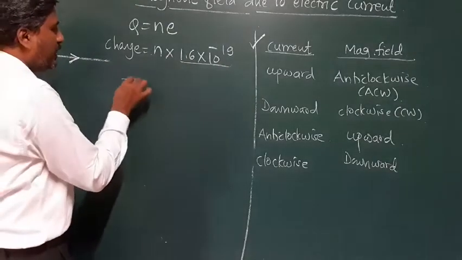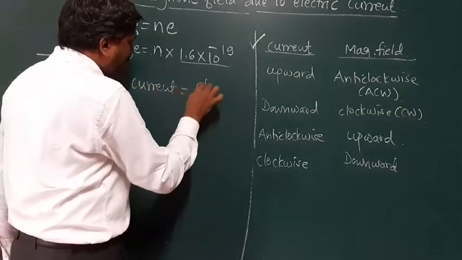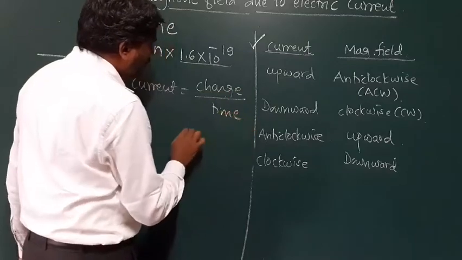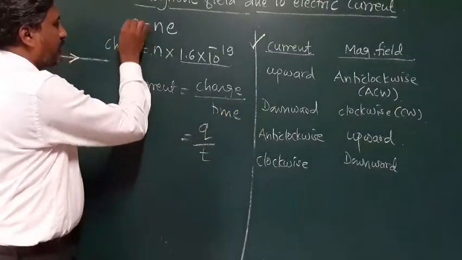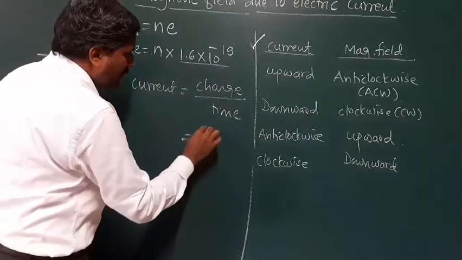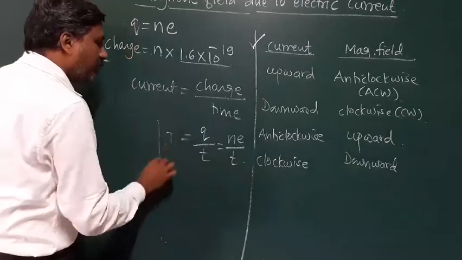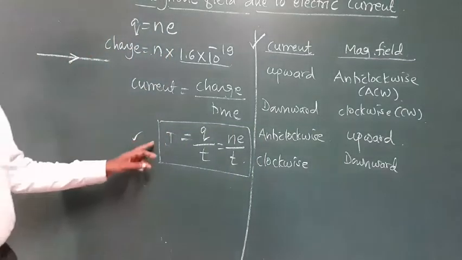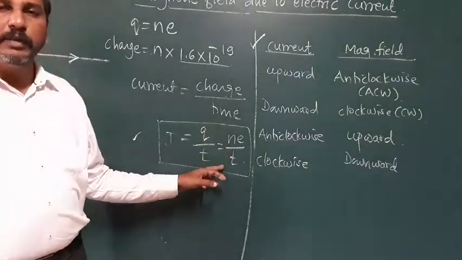So current is given by charge per unit time. Someone writes it as Q by T, or someone writes NE by T. We can use any one formula for the electric current. So note down this also. Electric current equals Q by T or equals NE by T.